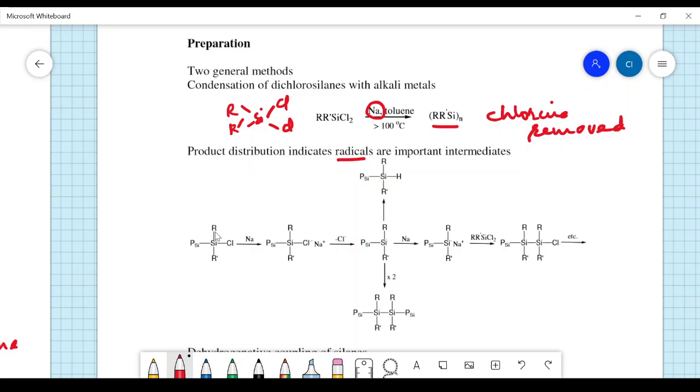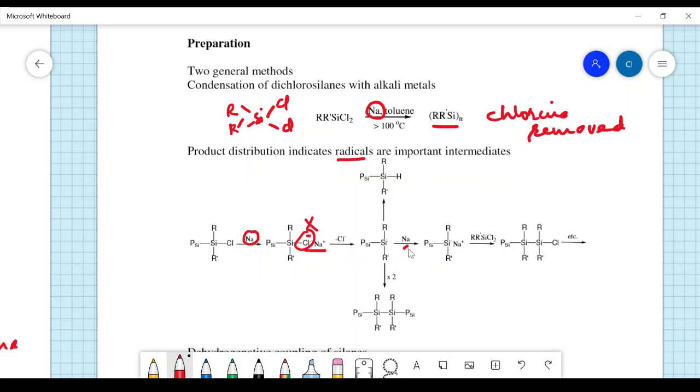So where can you start from? R'RSiCl2 is there. In the presence of sodium you get a salt like this, sodium plus and minus, then another chlorine. Both chlorines are removed, and then you get the silicon species. You can see that this chlorine is removed.